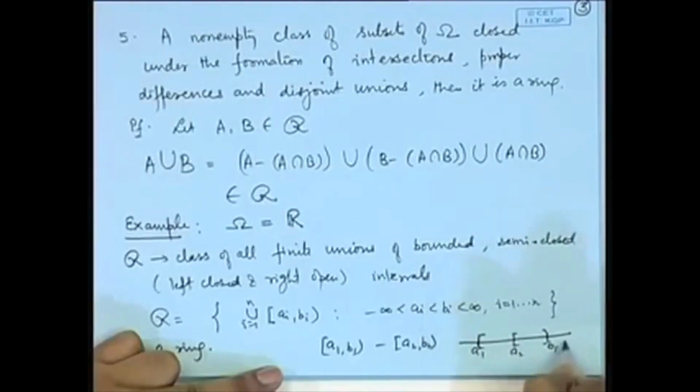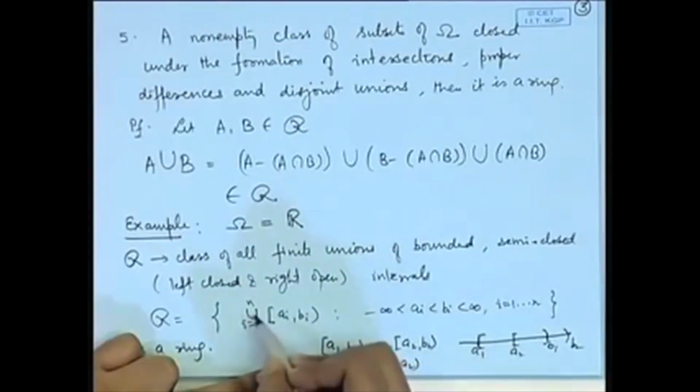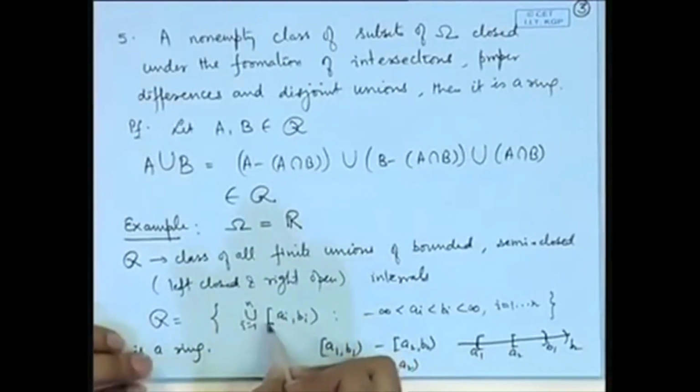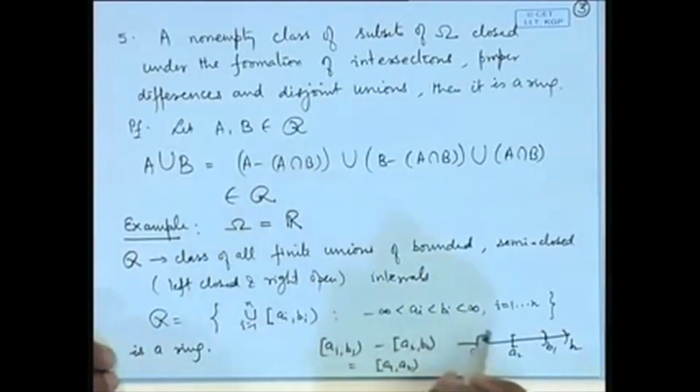On this side you have a2, b2. Suppose this is the situation. Then [a1, b1) minus [a2, b2) is simply equal to [a1, a2), which is again an interval of the same form. Therefore, if I consider unions and then take their differences, it will be a union of intervals of the same form, and therefore this is a ring.